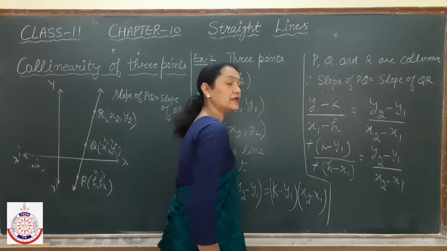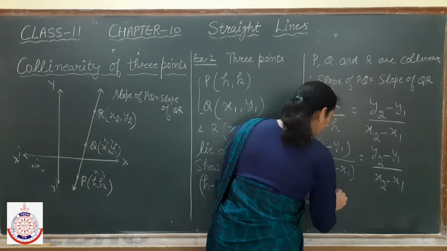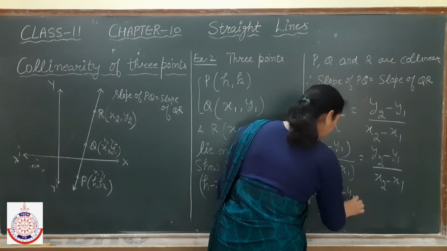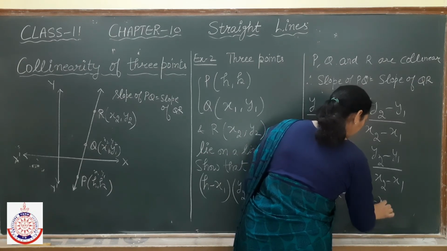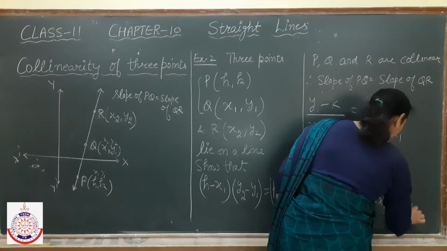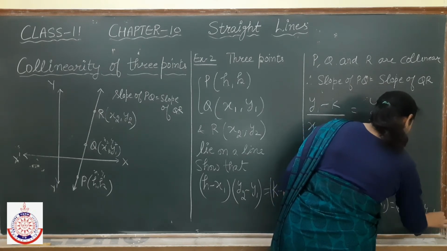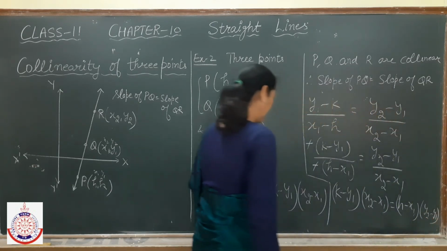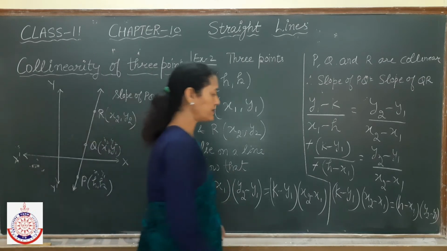Minus got cancelled. So by cross multiplication, we will be saying k minus y1 into x2 minus x1 is equal to h minus x1 into y2 minus y1. Isn't it the same which they wanted us to prove? So hence proved.